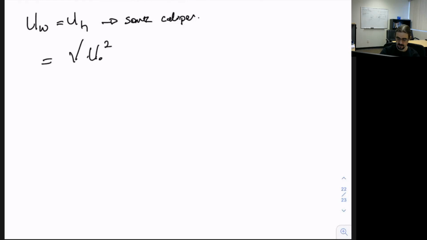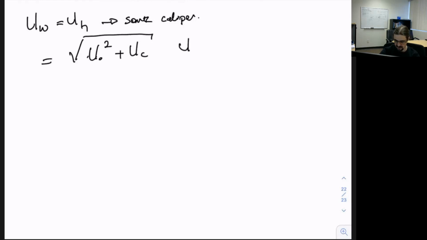So for our case, in this case, uncertainty in width is equal to uncertainty in height because you use the same caliper. In that sense, we can define that as the combination of, again, zero order uncertainty, which comes from the resolution, and the instrument uncertainty that comes from the spec sheet.